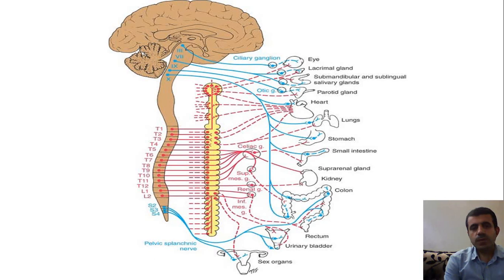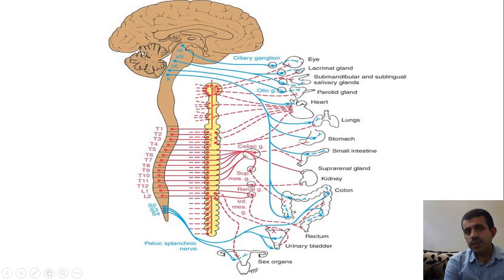So this is the sympathetic trunk. These are ganglia, ganglions. These are structures where a nerve which comes from the spinal cord ends, and another cell body will start here, and another axon goes to the viscera.